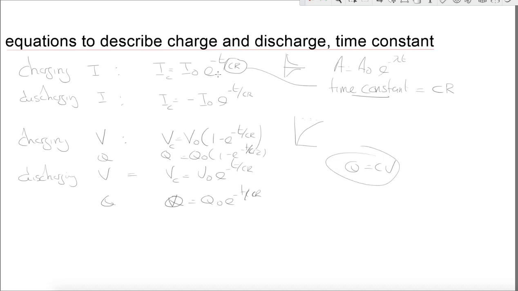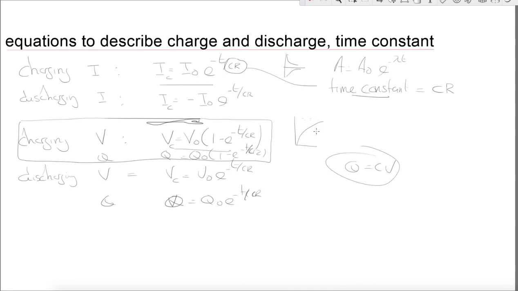So you basically have two forms of the equation, this one and this one. And it is charging PD and charging charge that do the 1 minus e to the minus t over CR thing.